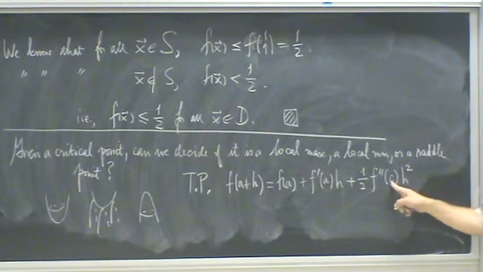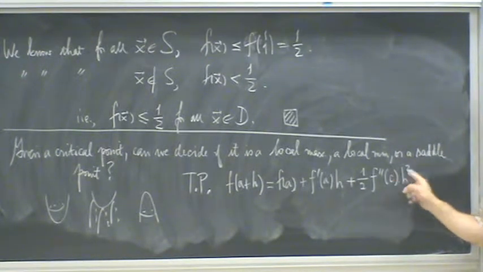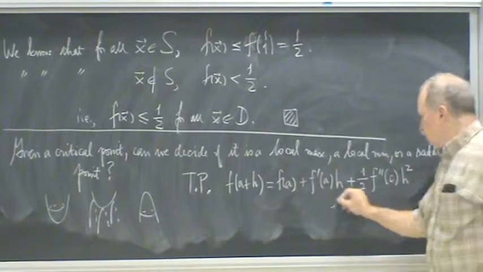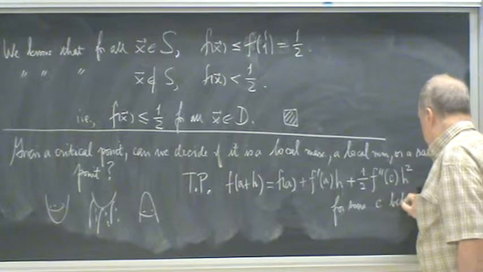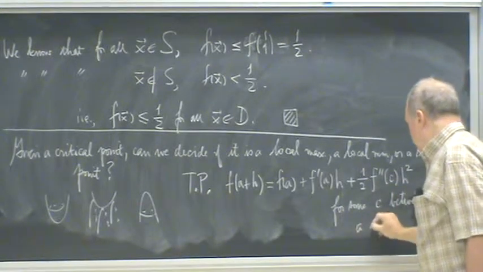The Taylor polynomial would have had an A there, but if you don't want an error term, then there's, for some C, between A and A plus H.